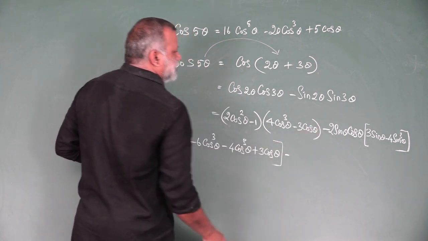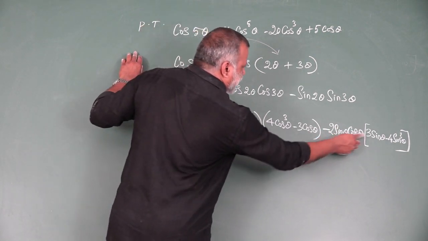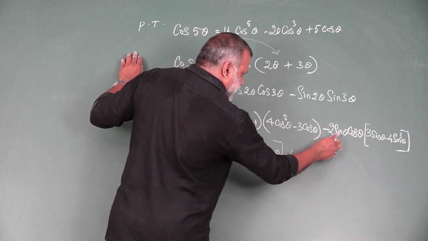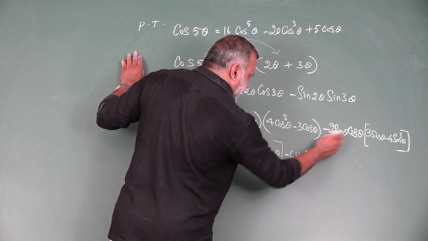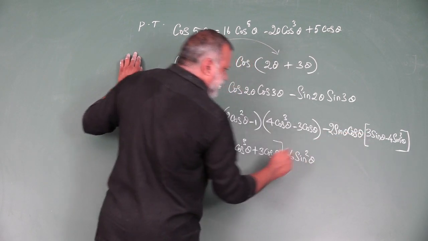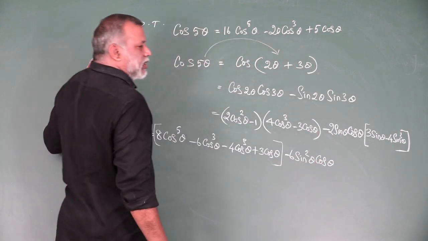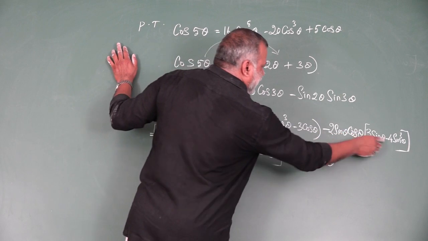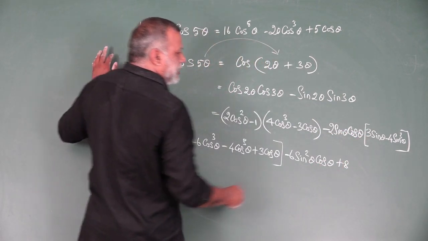See the minus. Now it is multiplication with 2 into 3, 6. Sin into sin squared. So 2 into 3, 6. Sin into sin squared. One more cos. Again negative into negative becomes positive. 4 into 2, 8.